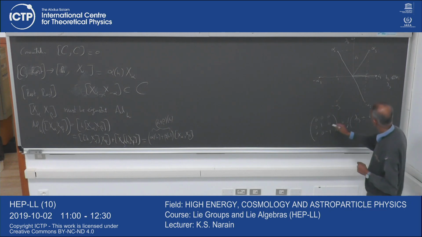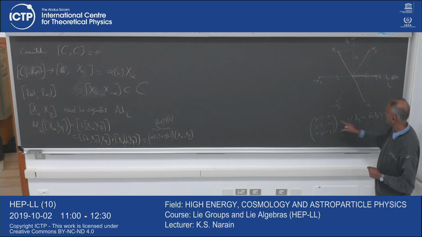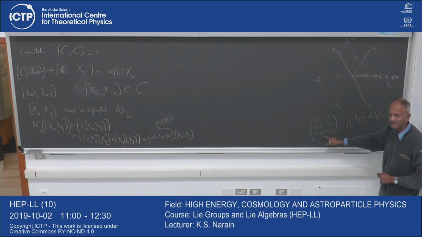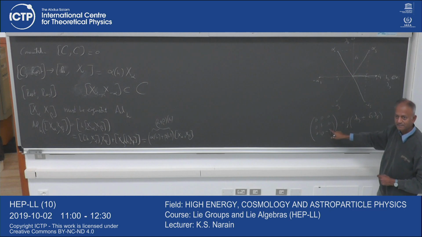Then this would be alpha 2, and alpha 2 was 1 here and everything else 0, and minus alpha 2 was 1 here and everything else 0, right? So you take this 2 by 2 block, this would be like the sigma 3, and the other two, alpha 2 and minus alpha 2, are simply sigma plus and sigma minus, right? So clearly the commutator of these two will give me back some number times this, right?